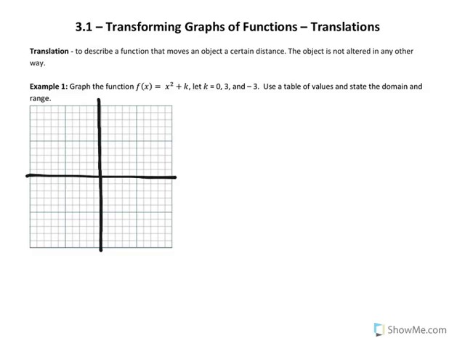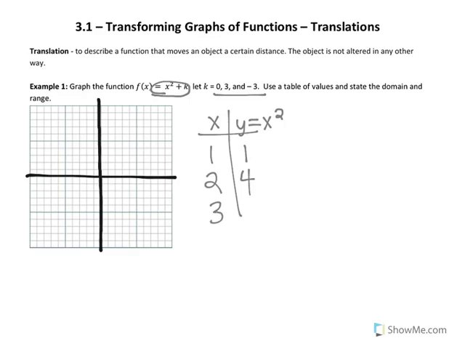So we're going to graph the function y equals x squared plus k, where k is each of these numbers. So let's start off with x squared. So let's think about the graph y equals x squared. If I plug a 1 into this, my y is going to come out as a 1. If I plug a 2 in, it's going to come out as a 4.